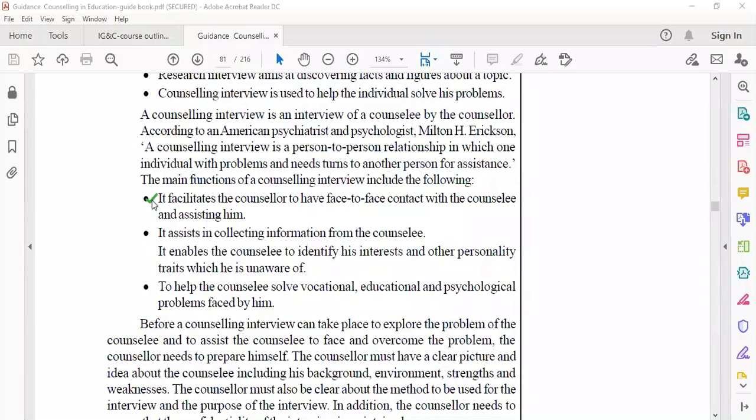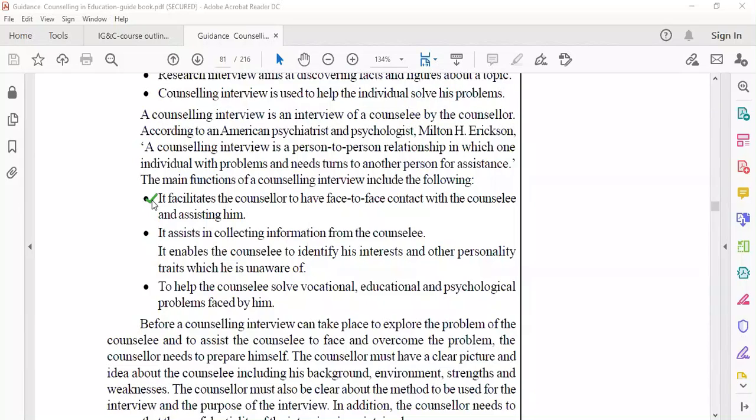But usually in counseling and guidance, when we are providing counseling and guidance to our students, the best mode of collecting information is the semi-structured interview. Semi-structured interview, as the name explains itself, means that some questions are already pre-planned and pre-designed, and some of the questions are asked or developed during the discussion.